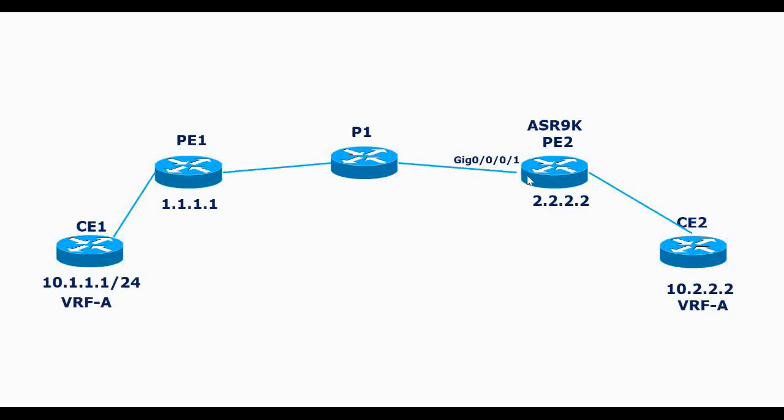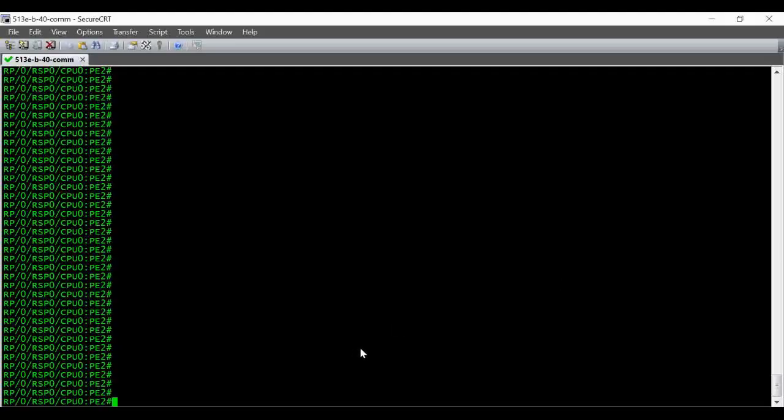So all the traffic flows that are going and coming inside of this interface we will capture using the NetFlow configuration. This is my IOS XR router ASR 9K, and I'm going to capture the traffic coming on this interface GigabitEthernet 0/0/0/1.